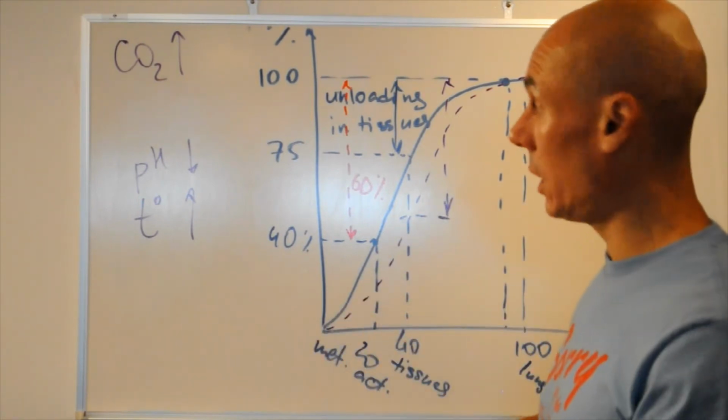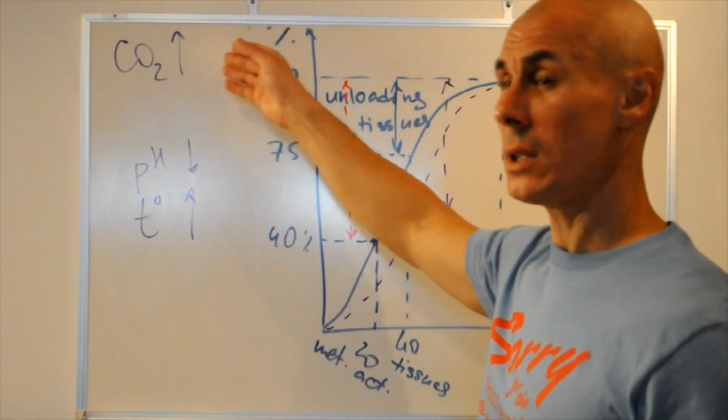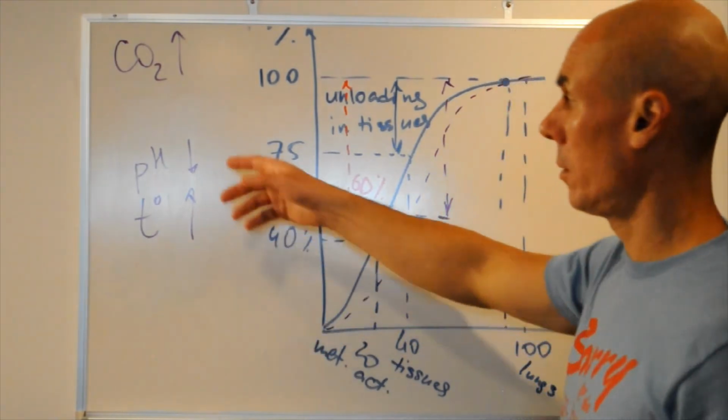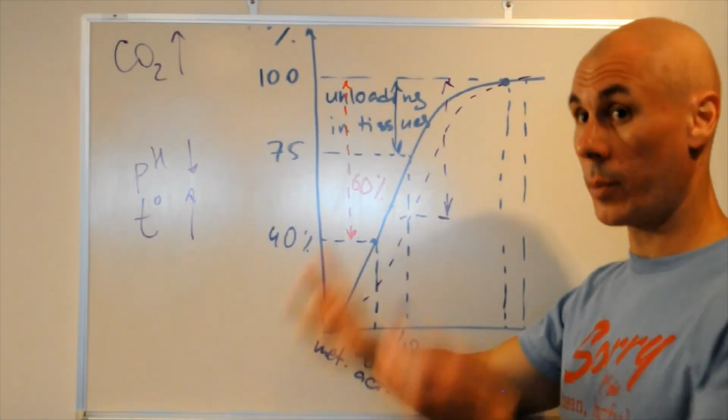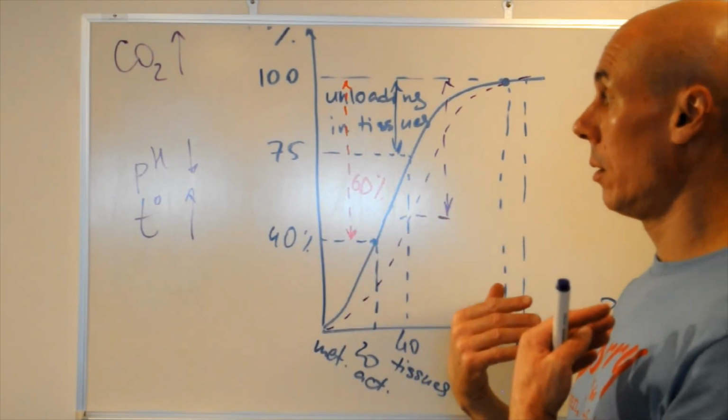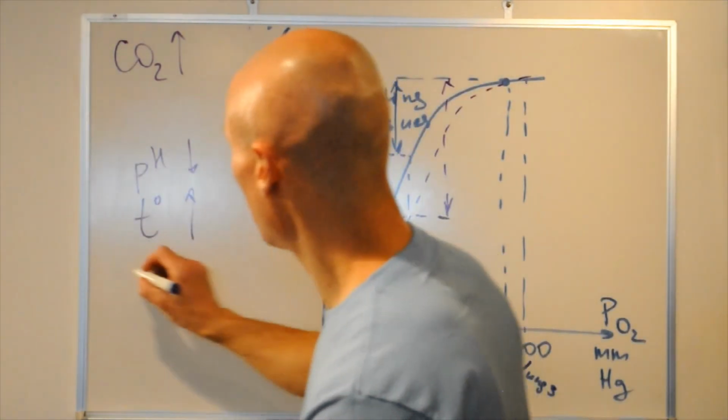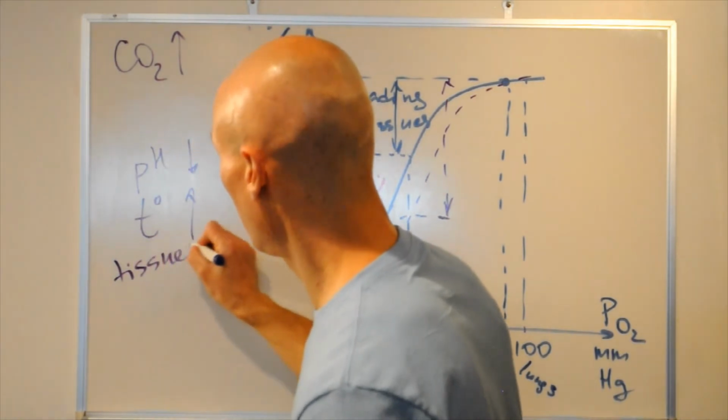And quite the opposite in the lungs, CO2 is pretty low, pH is relatively high, surfactant is kind of basic, and the temperature is lower because we inhaled outside air. So that's tissues.